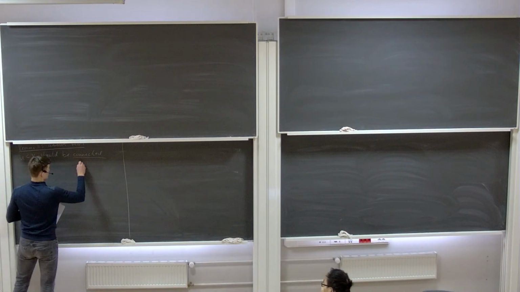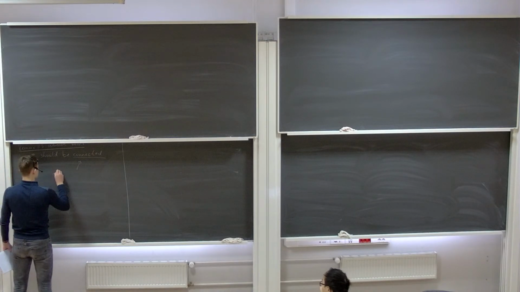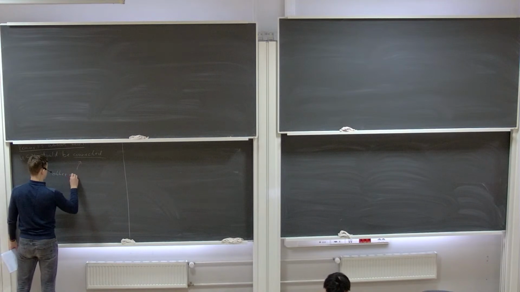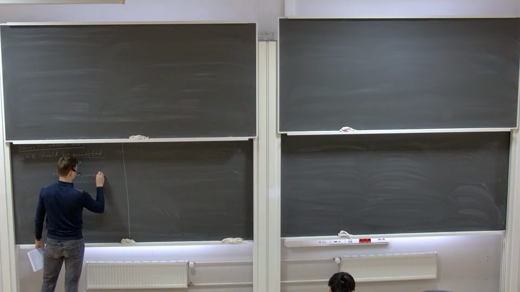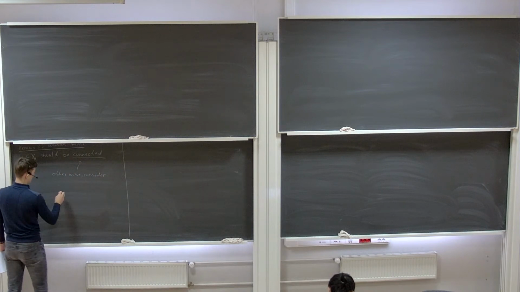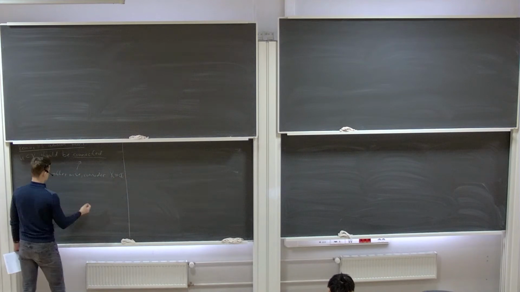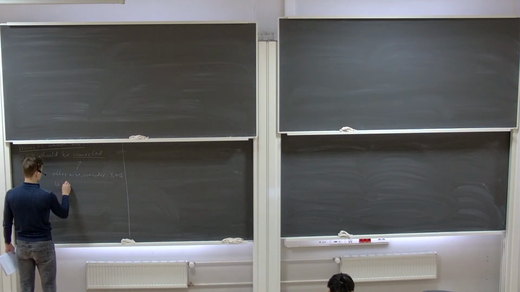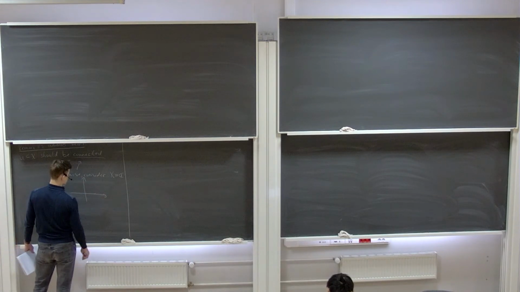Why is that? Because otherwise it's not true. Consider, for example, X is equal to C, and U is just the union of two disjoint subsets.